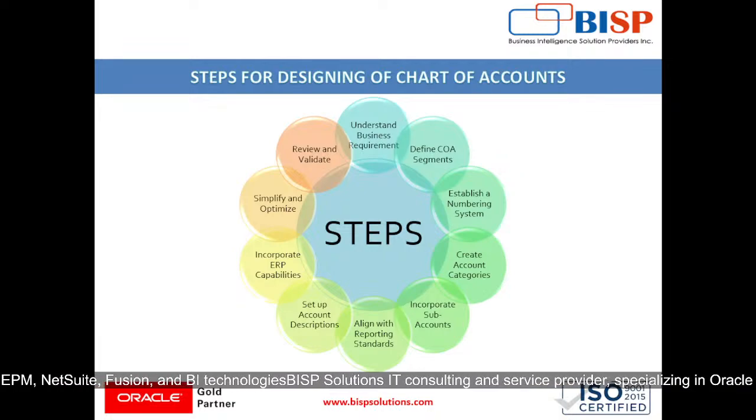So we established a numbering system for making the COA. Then we created account categories under which these accounts or the migrated accounts will come.